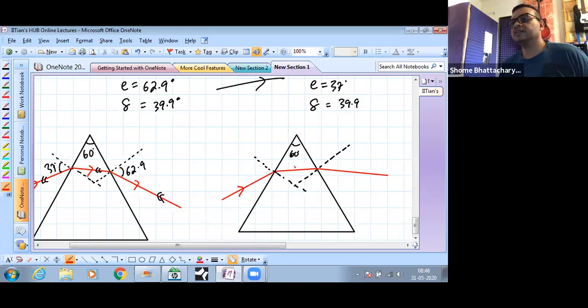So if this angle is now changed to 62.9, then the angle of emergence will automatically change to 37, and the deviation will be the same.